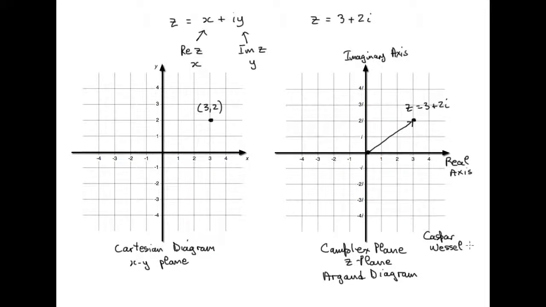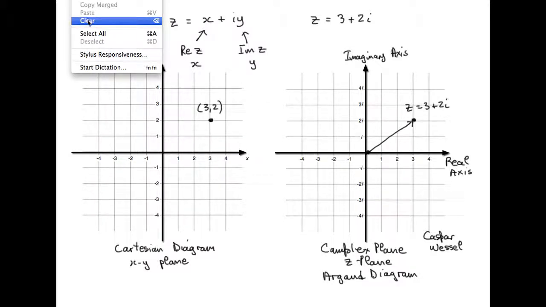Nobody paid any attention to it. So it's got Argand's name attached to it, Argand diagram. It was also discovered independently in 1828 by John Warren, and also by the famous Gauss in 1831. But anyway, here's the complex plane.